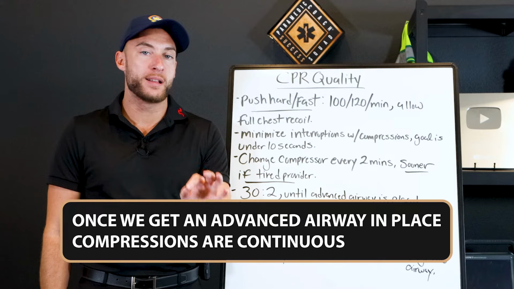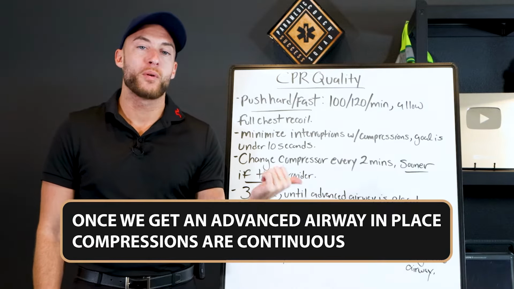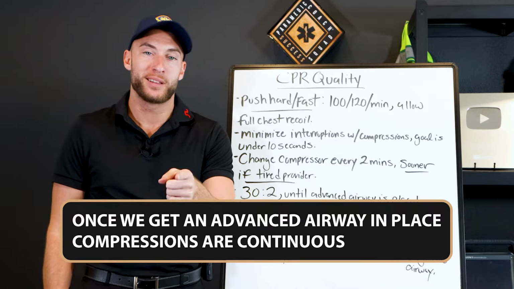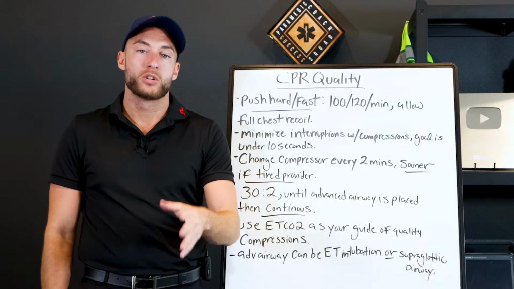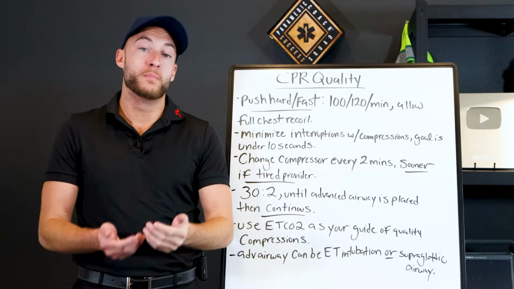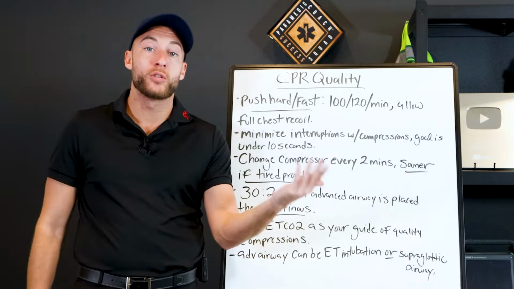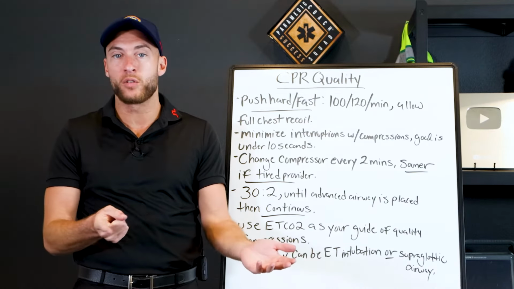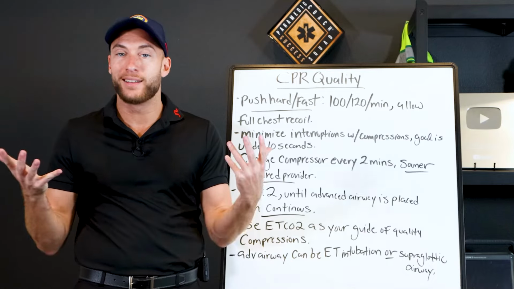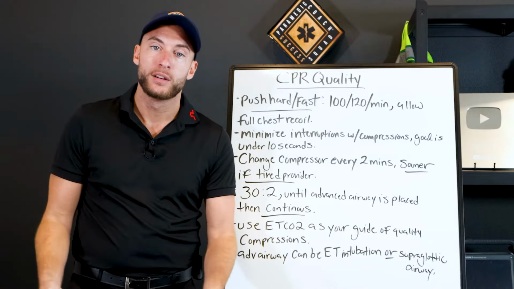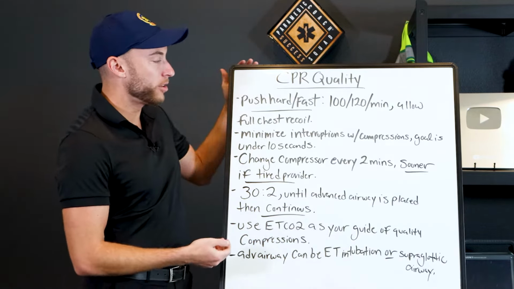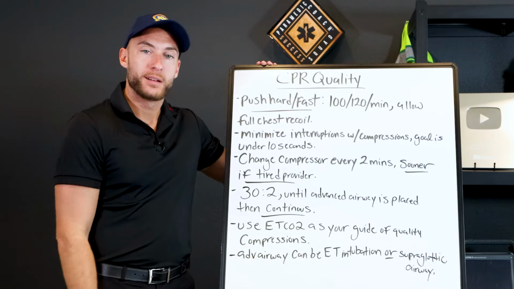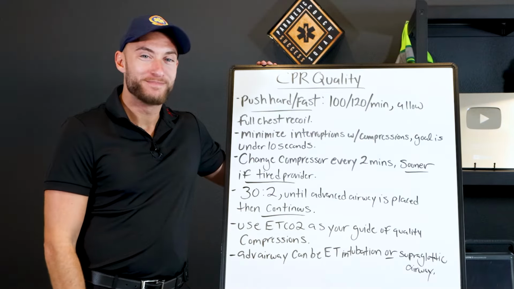Once we get an advanced airway in place, compressions are continuous. Versus with BLS, it's 30 compressions, and then we gotta do 2 ventilations, and we have the interruption there. That's not great, right? If the science is telling us don't interrupt, why are we interrupting?